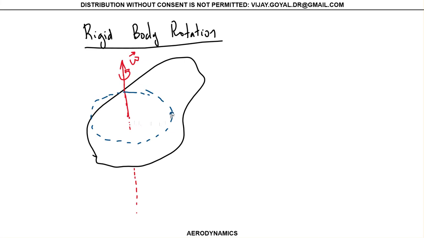So I have a point here and I have my origin somewhere there. From here to here, this is a position vector. Let's call this R.